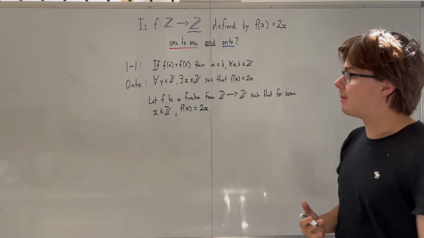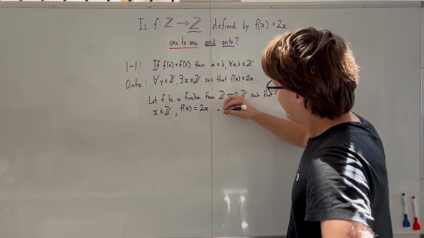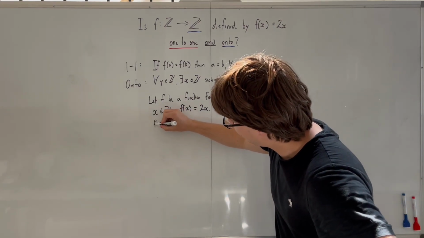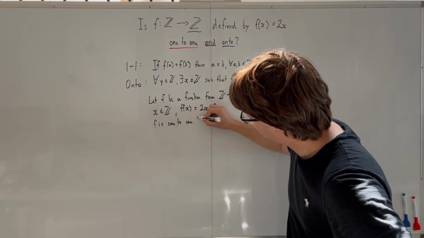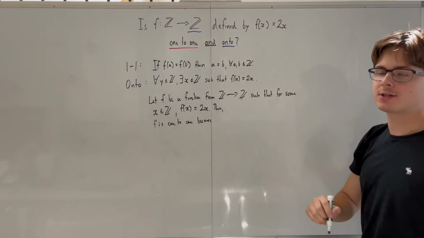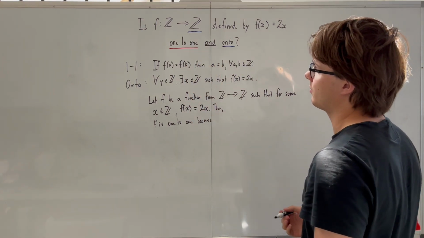So we've defined what our function is in our proof. We say, then f is 1/1 because, and now note, I wrote down the contrapositive of our 1/1 definition because it's going to be easier to try and prove this.